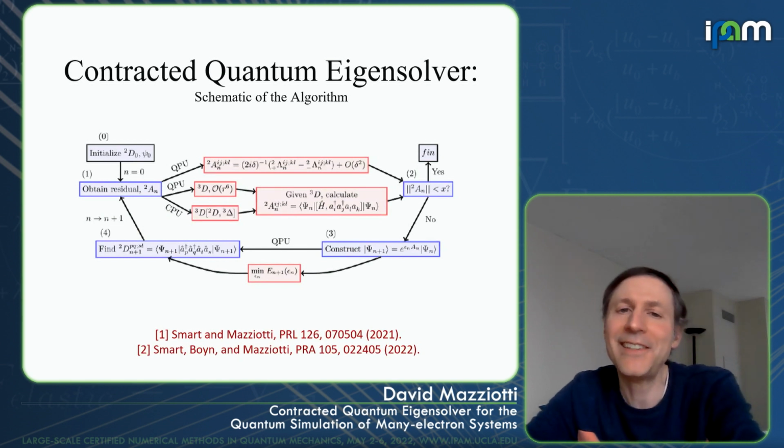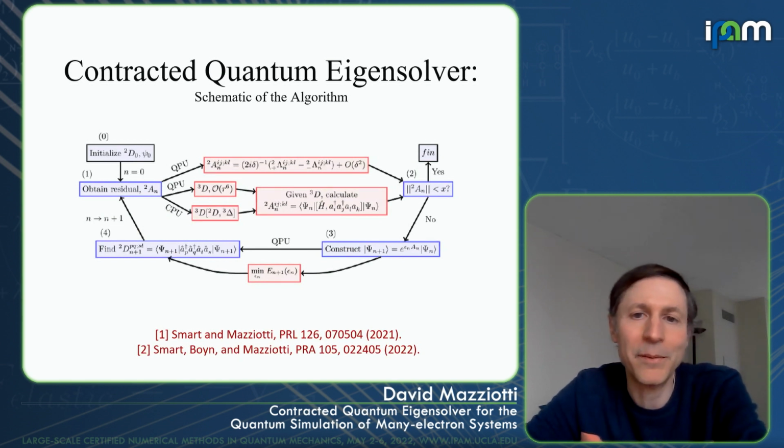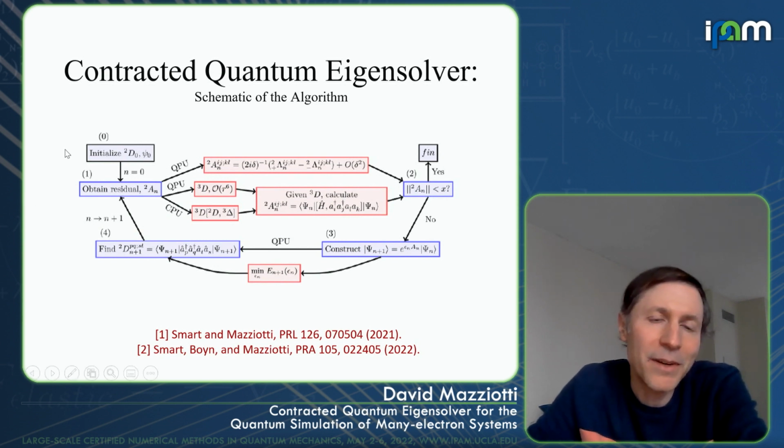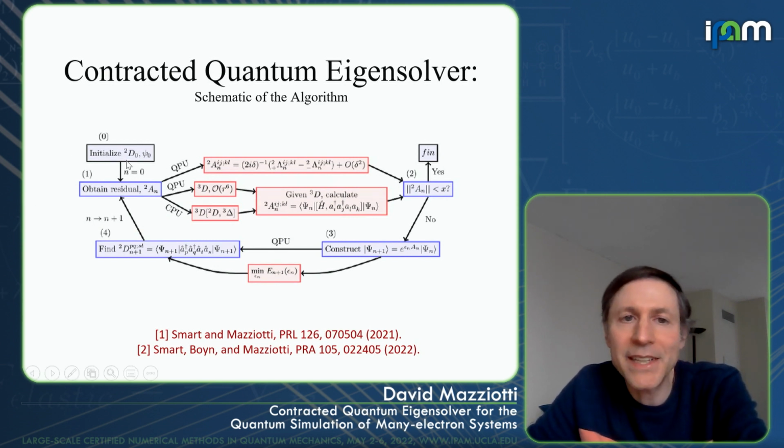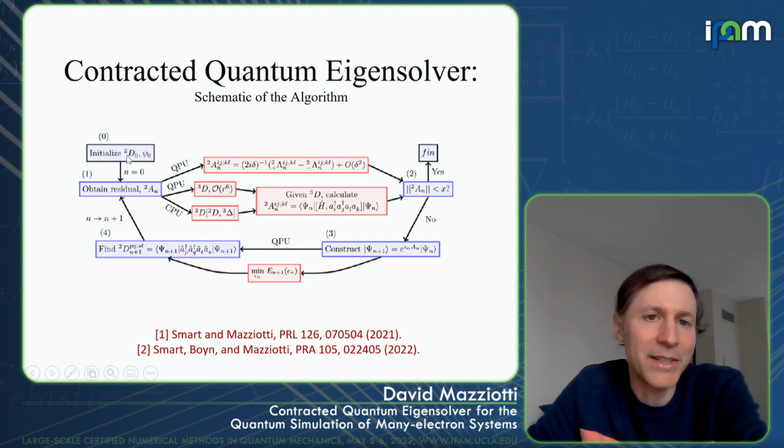Okay, so here's the algorithm. It looks a bit complicated, but it basically has just a couple of key parts. So first, up here in the left corner, we basically initialize the 2-electron reduced density matrix and the initial wave function. And then we use that to obtain the residual of the ACSE.